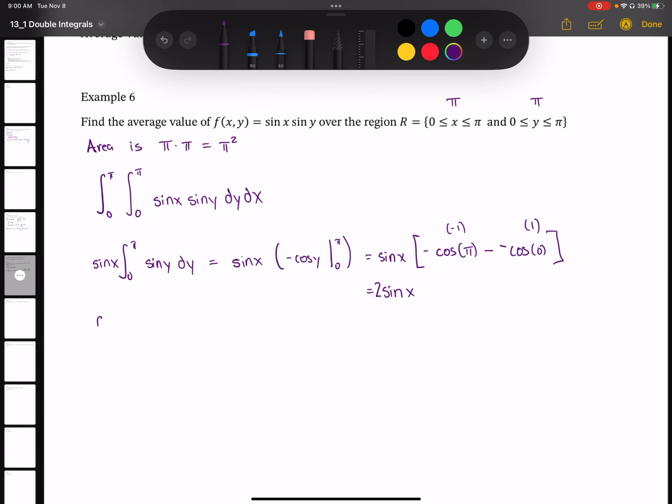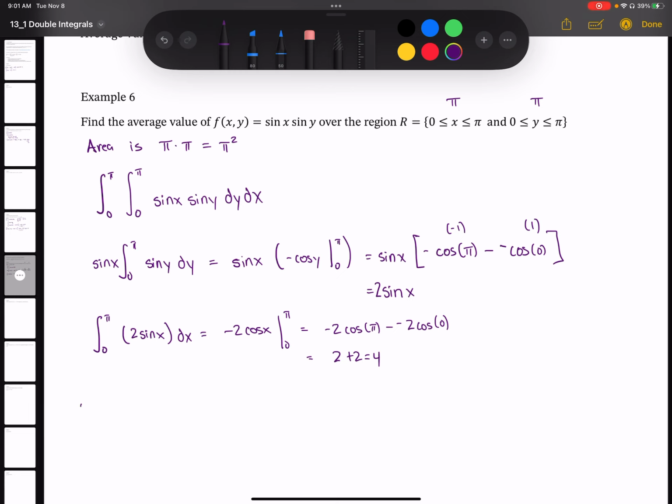So now we need to integrate from 0 to pi of 2 sine x dx, and that's going to be negative 2 cosine x evaluated from 0 to pi, which is negative 2 cosine pi minus negative 2 cosine 0, which is, again, the cosine of pi is negative 1, so we're going to get 2 plus 2, which equals 4.